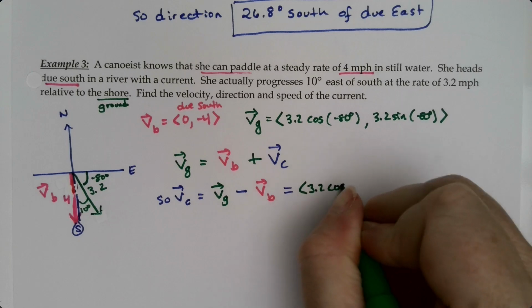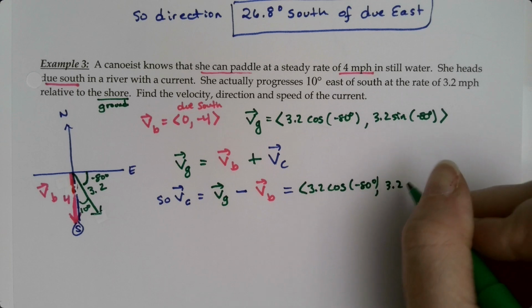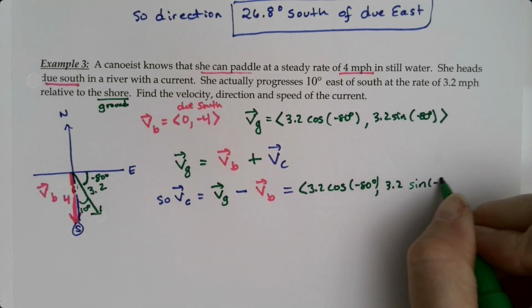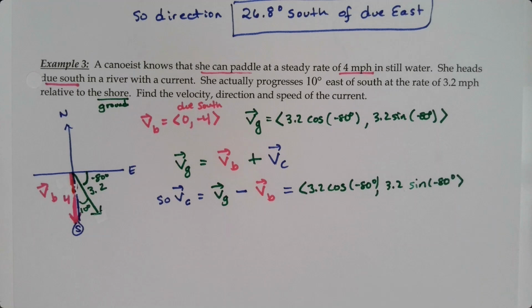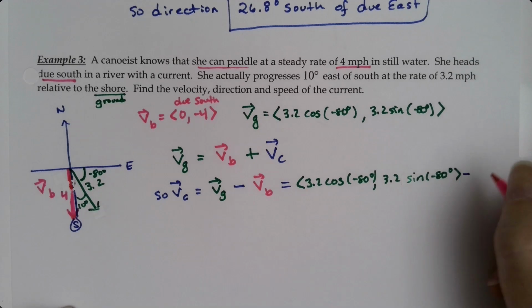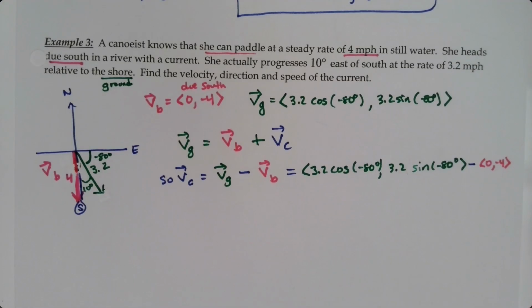3.2 cosine of negative 80 degrees, 3.2 sine of negative 80 degrees. Take away, I don't know if I can fit it in, 0, negative 4. I managed it.